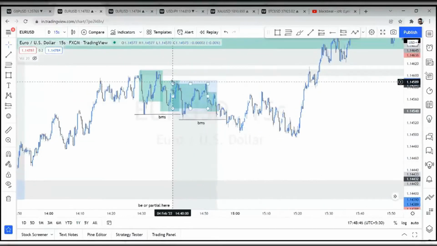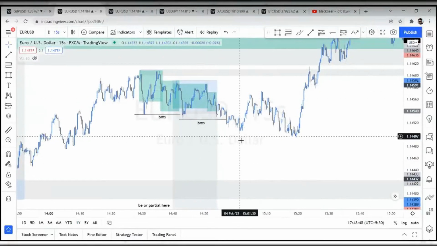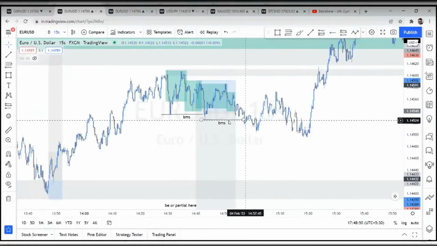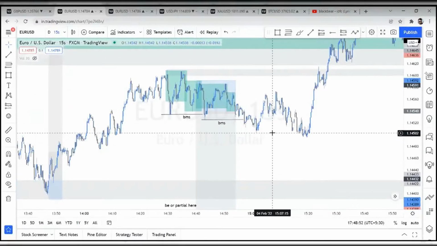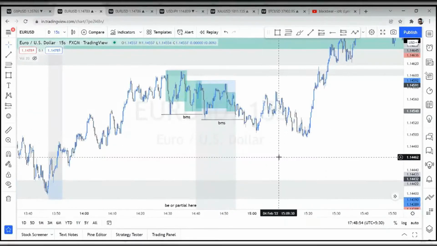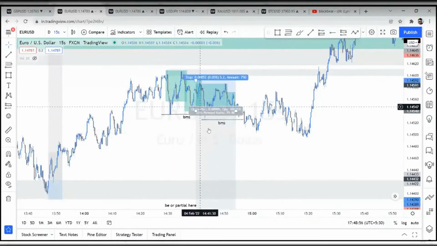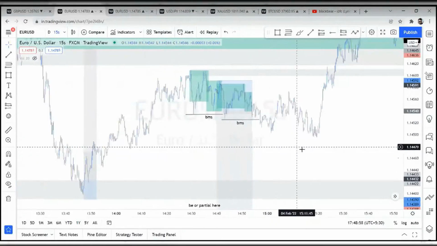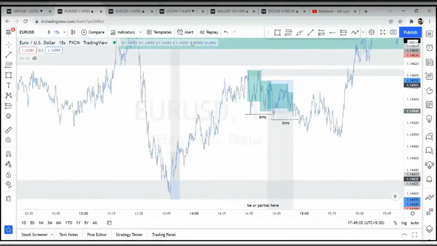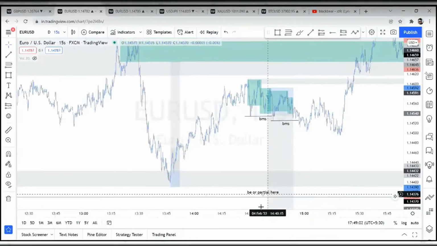But if you would have involved yourself from somewhere here, which I did, I got out at BE and I booked 1 or 2, and this was not a good trade at all. But our bias was fine. Just because the trade did not play out, it does not mean that we were wrong. It is just that we cannot predict where the market is going to move.